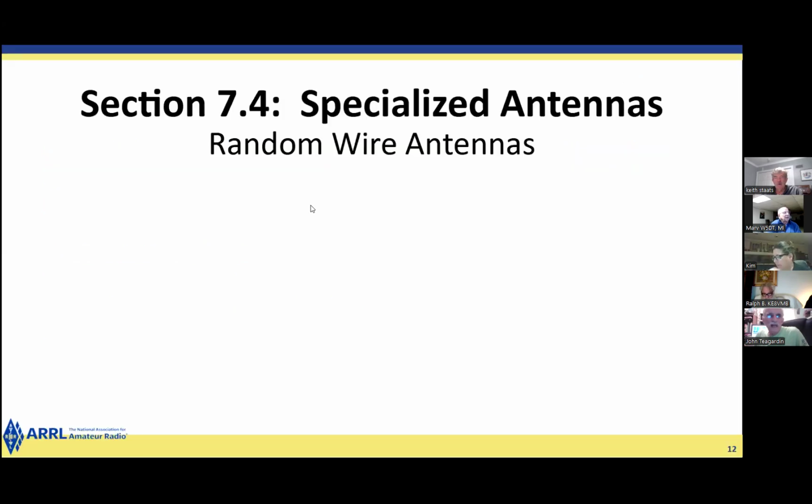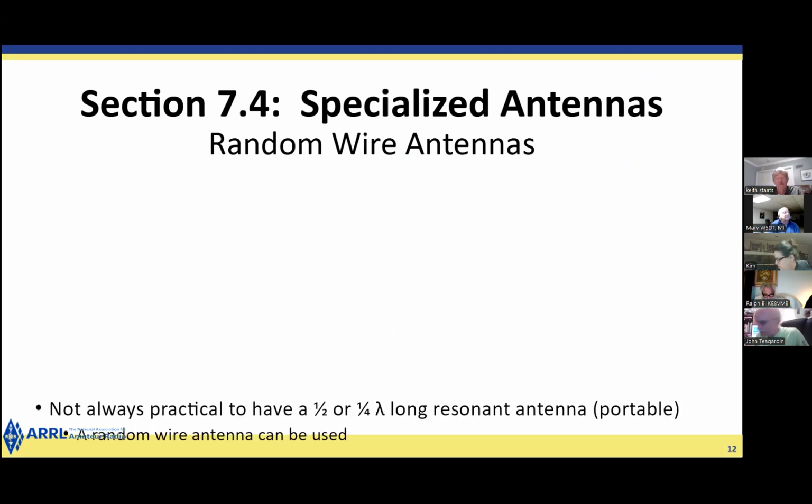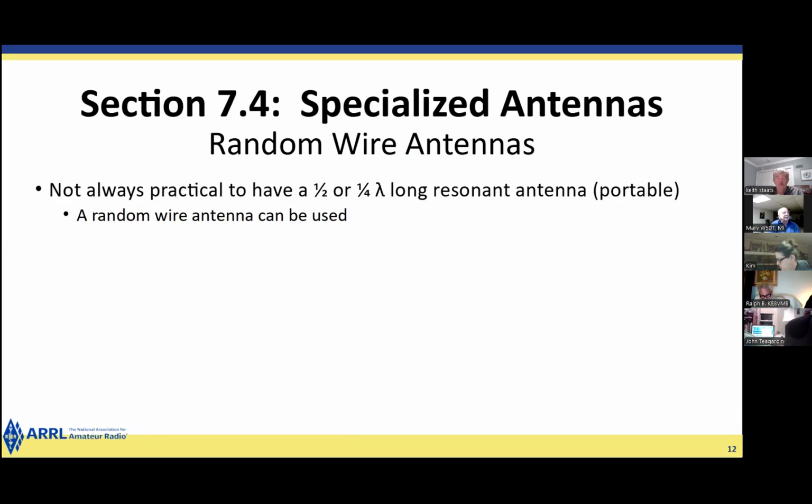Okay, specialized antennas, random wire antennas. The bane of my existence. A surefire way to get RF in your shack. It's not always practical to have a half or a quarter wave long resonant antenna, so you could use a random wire.